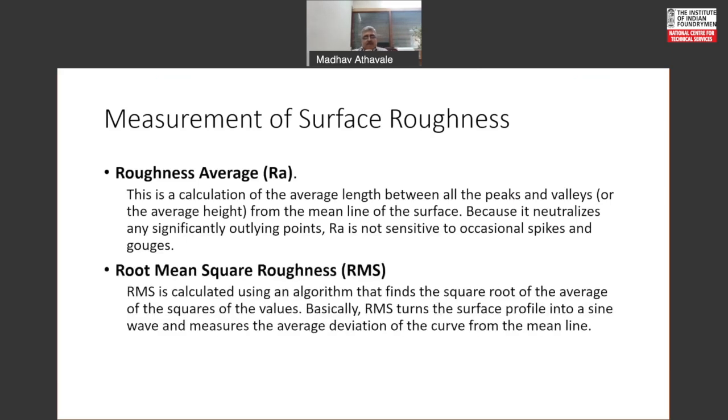Then another commonly used measure is root mean square roughness, which is calculated using an algorithm that finds the square root of the average of squares of the values. Basically, RMS turns the surface profile into a sine wave and measures the average deviation of the curve from a mean line.